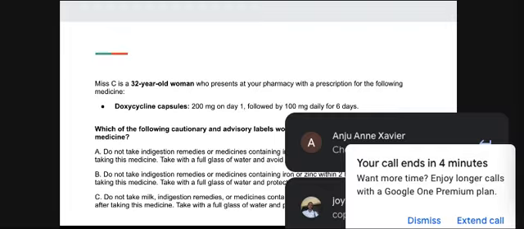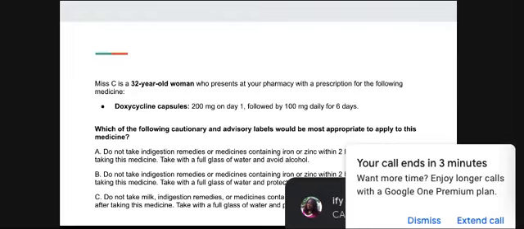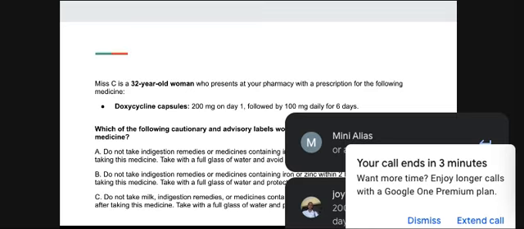COPD exacerbation, and it's used for CAP as well. What's the dose of doxycycline for COPD exacerbation? Usually it's given as 200 milligrams to start, then 100 milligrams once daily.